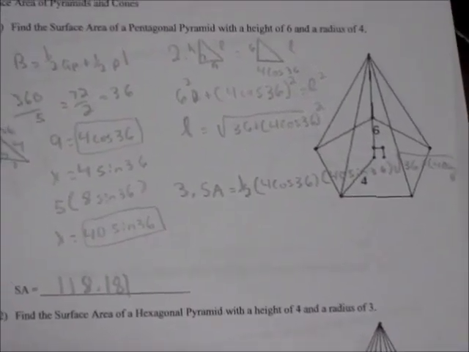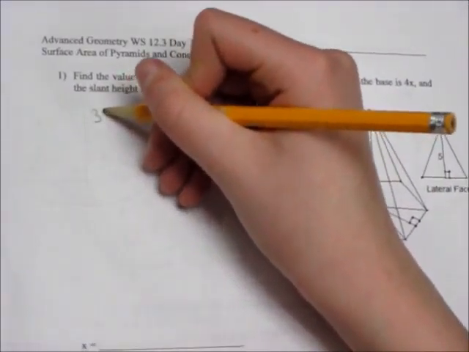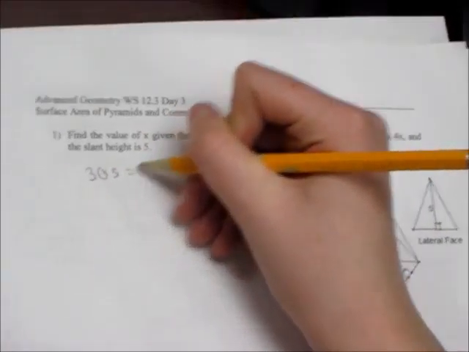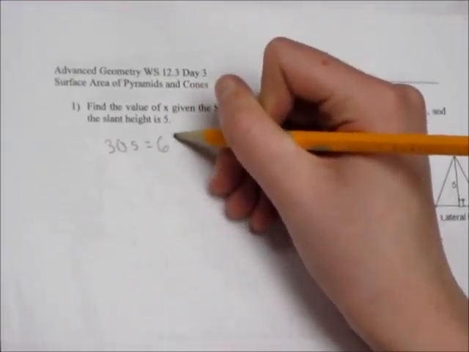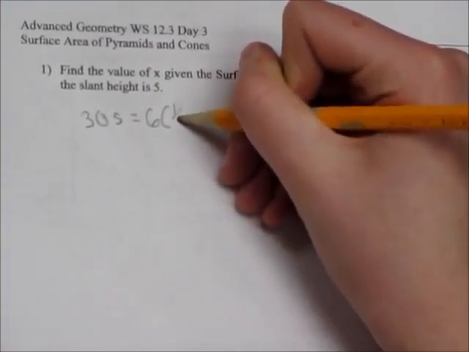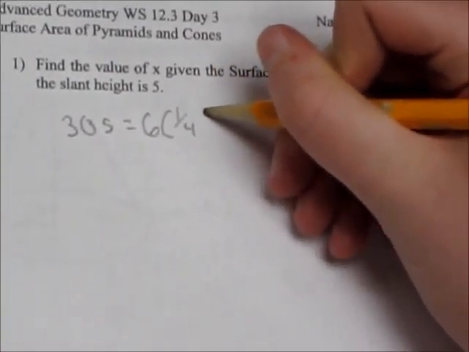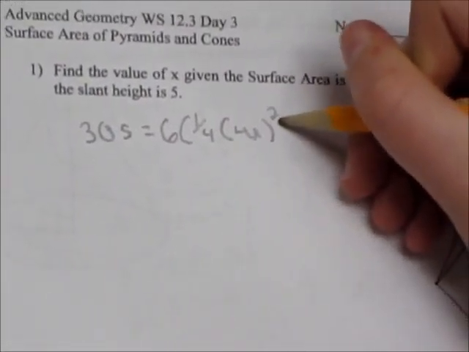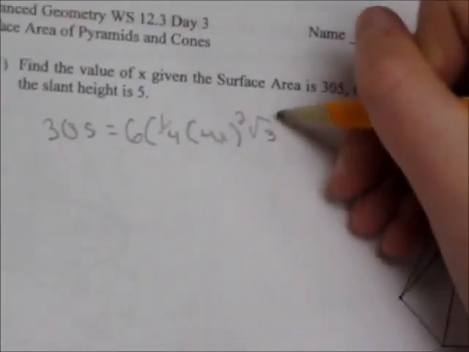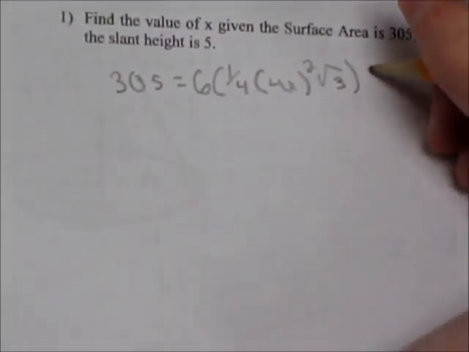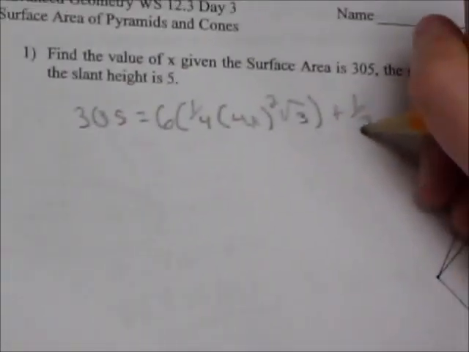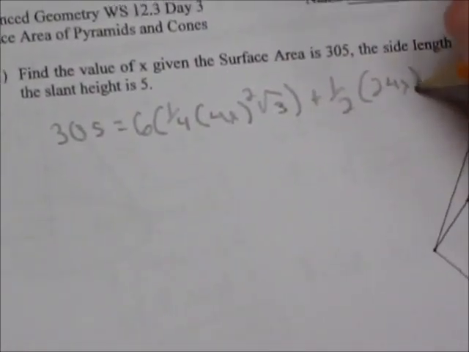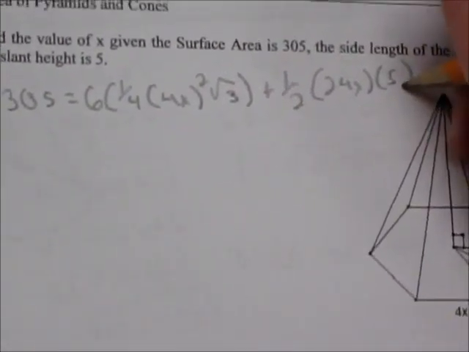So next problem here, we are solving for a hexagonal pyramid, but this time we're trying to find a side, so we will use the quadratic equation eventually. We plug all our numbers in, just like every other formula. We have our surface area, we already know, so we have 305 equals the area of the base, which would be 6 times 1/4 side squared times square root of 3.